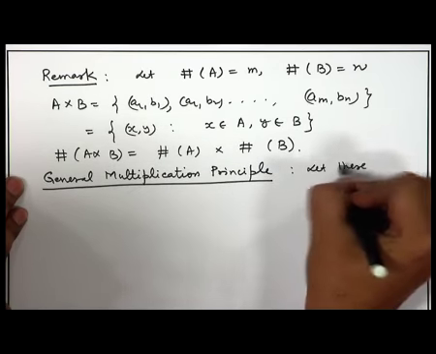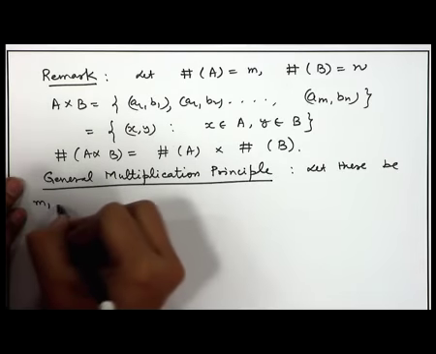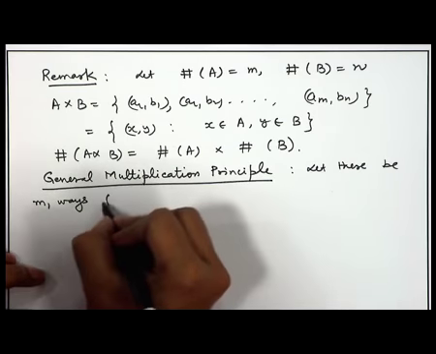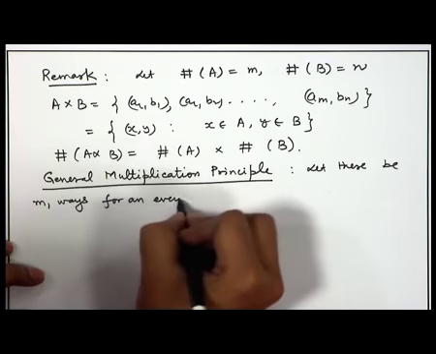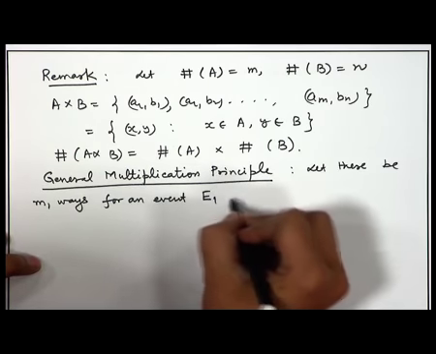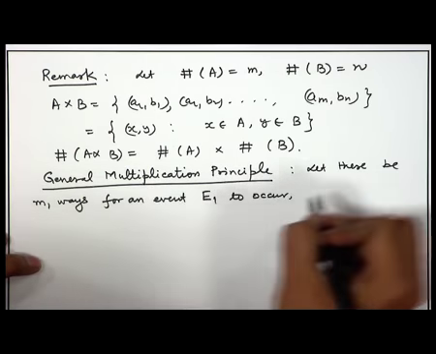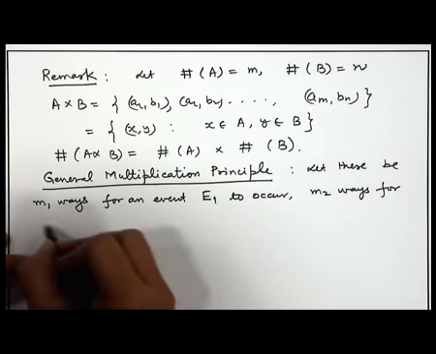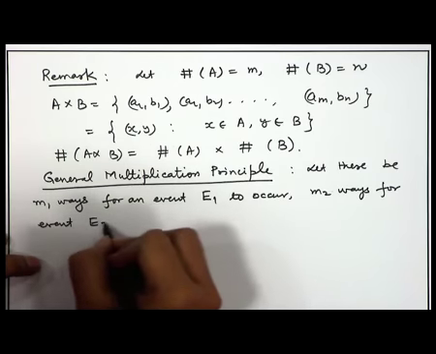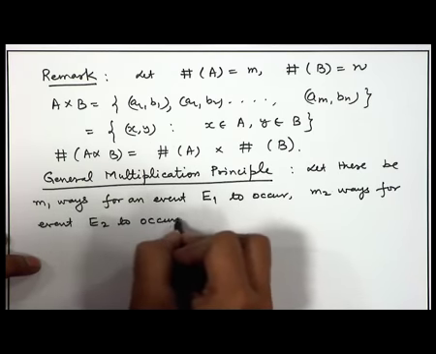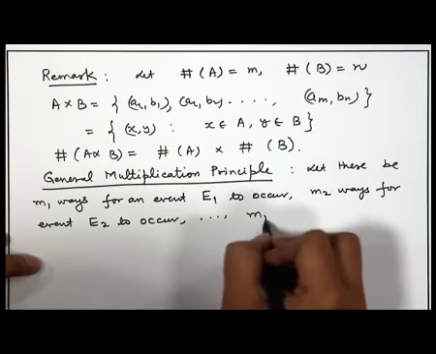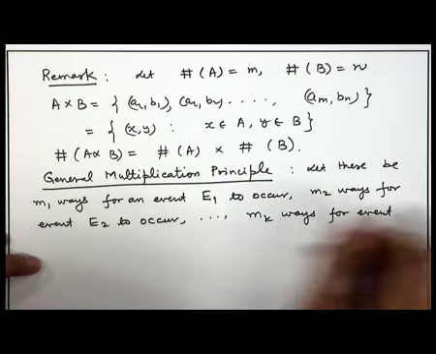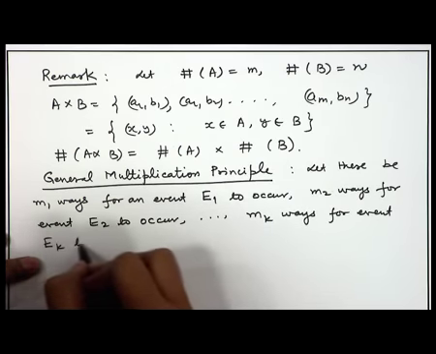So, let there be m1 ways for an event E1 to occur, m2 ways for event E2 to occur, and so on, mk ways for event Ek to occur.